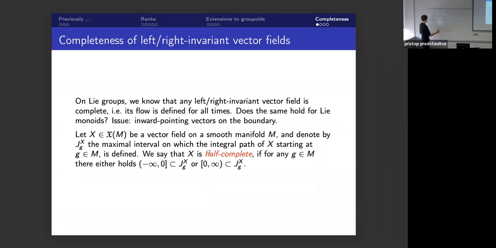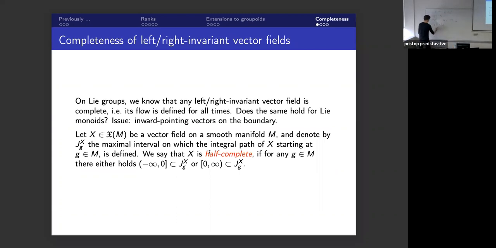And what it means to be left invariant or right invariant is just that such an equation holds for any G and H. But we can, of course, make sense of this in a category as well. So G and H must be composable.